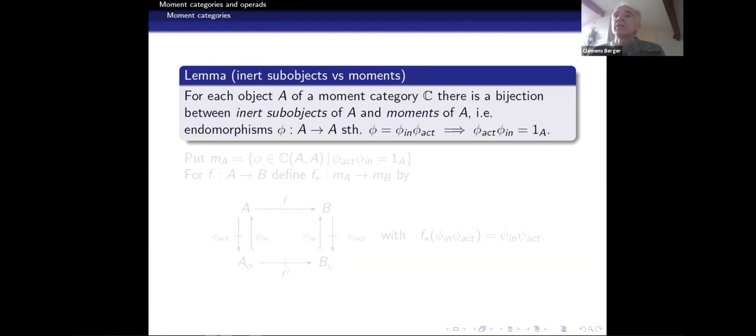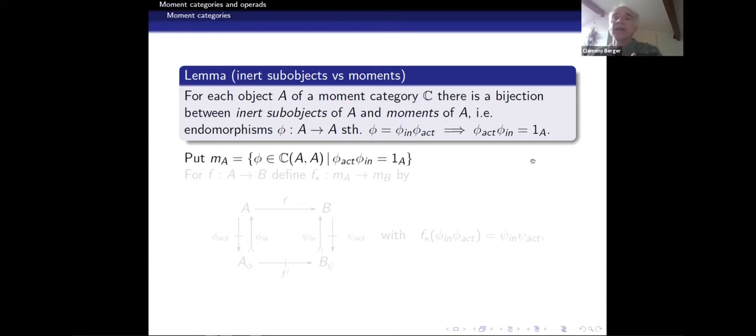And so these moments, you can just characterize them as endomorphisms such that if you factorize it into an active followed by an inert, then if you compose it the other way around, you get the identity of A. So if you have an active inert factorization system, you can specify certain endomorphisms by this property, and I call them moments.